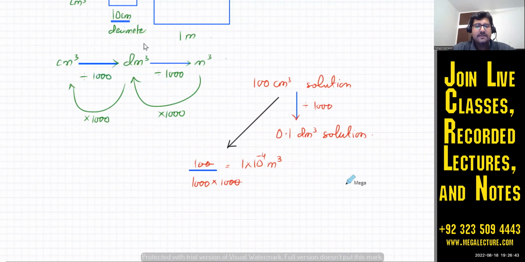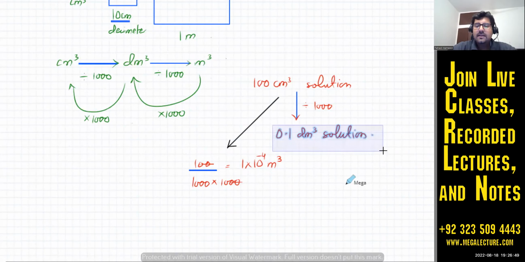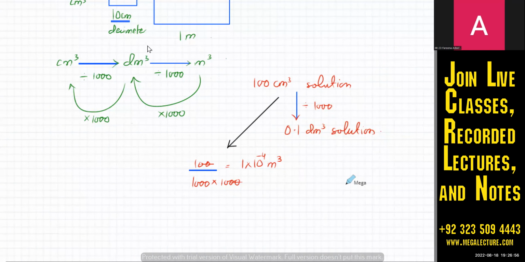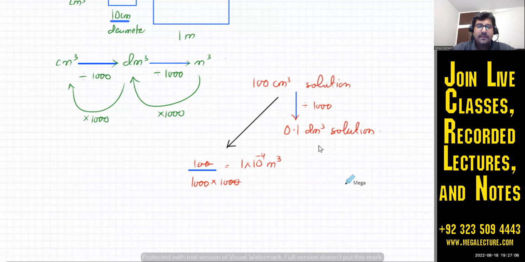So you have to divide by 1000, then again divide by 1000. Then you'll reach it. Okay. But most of the questions will be dealing in decimeter cube, so you're always going to use this unit. So just remember that if it is given in cm cube, you just have to divide by 1000. You'll get the same thing in dm cube.